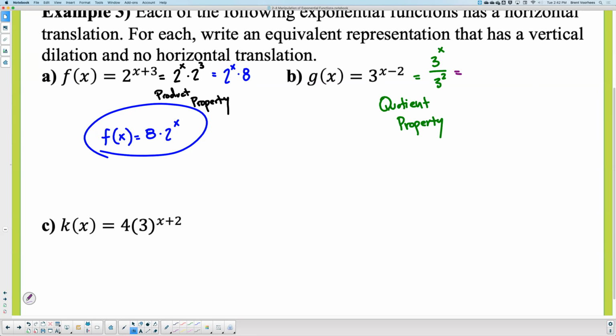What is 3 squared? So 3 to the power of x divided by 9. And to finally rewrite this, I'm going to say g of x equals, I'm going to make the a distinguishable. I'm going to say a is 1/9 times 3 to the power of x.